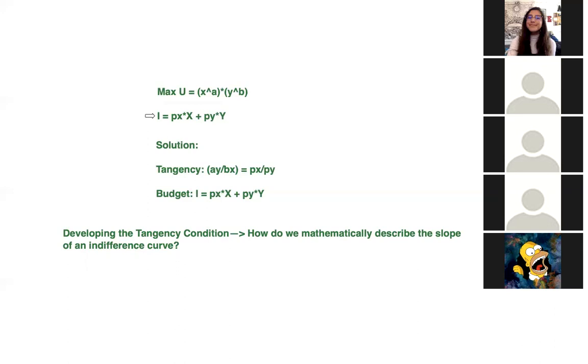Because in a linear equation case, right? So with the budget, because this is a linear equation, remember, we can solve for y and we can graph it and it'll be in slope intercept form. Do you know what I'm talking about? Yeah. So like for this one, I can just put it in slope intercept form because it's in general form. So I solve for y, and then I'll say y is equal to I divided by py minus px over py times x.